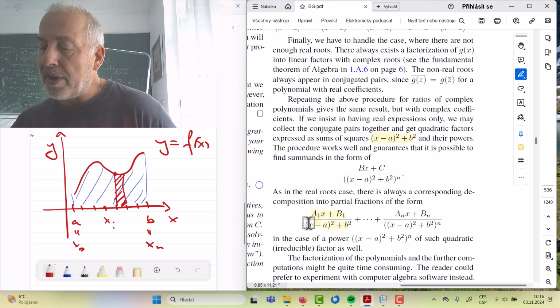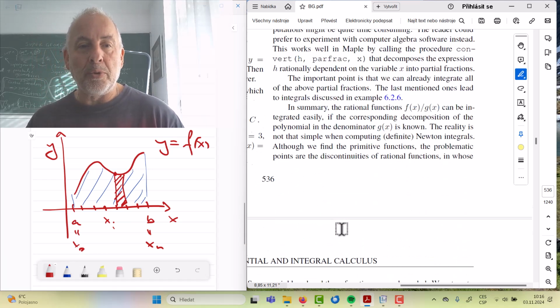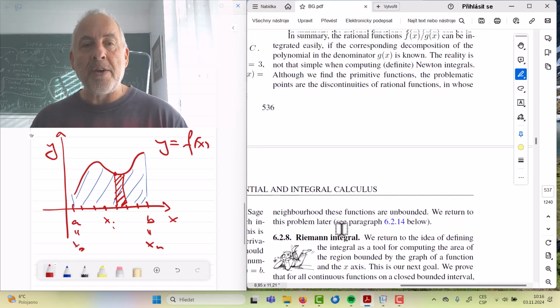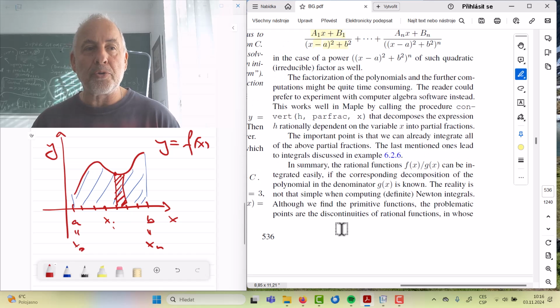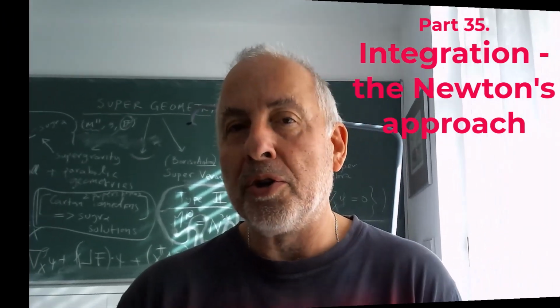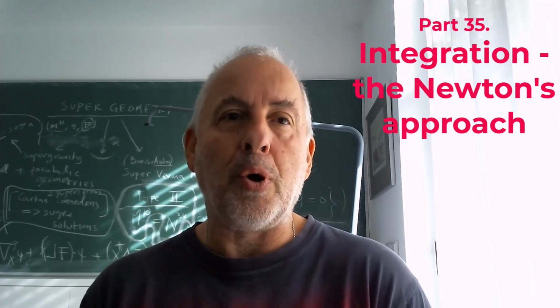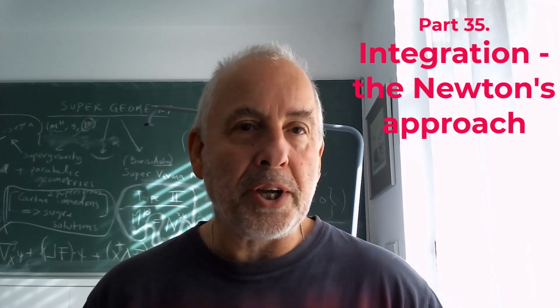And there are ways to compute all the polynomials. So whenever you ask, say, Sage or Maple or whichever of these computer-aided mathematics software to integrate this kind of rational functions, it will always give you a nice answer. No worries, no problems. So I think that's it for the Newton integration approach.